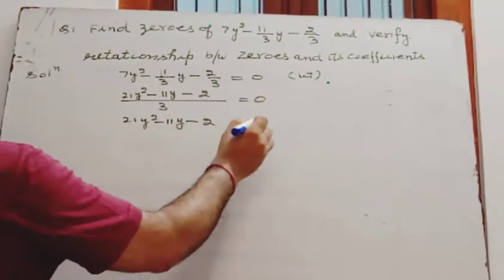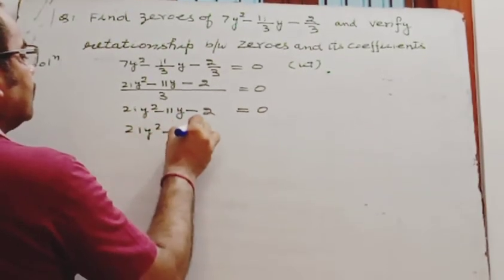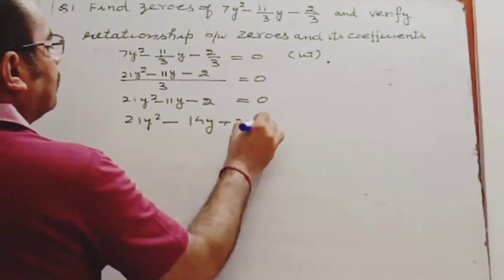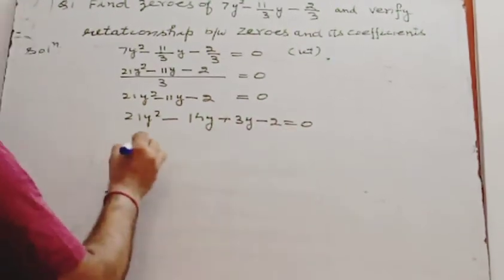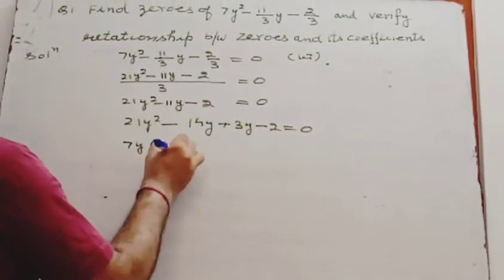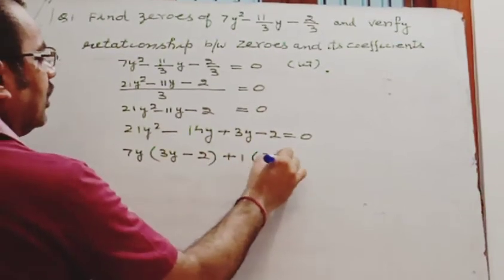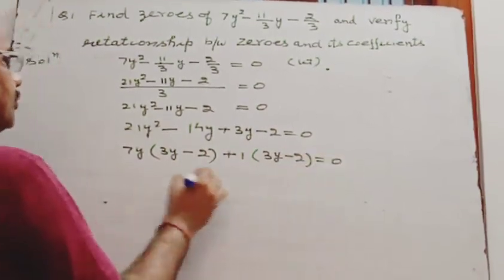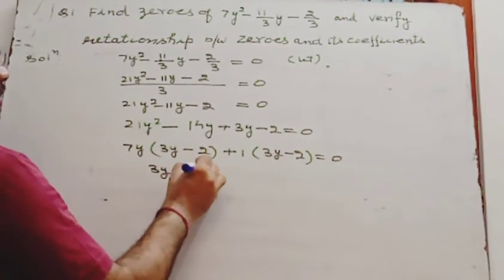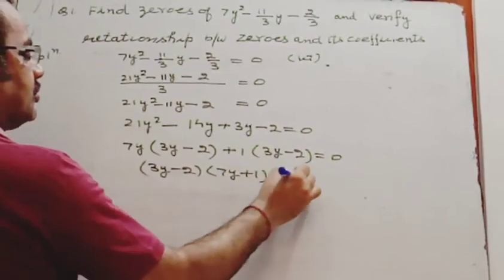Breaking into middle term, 21y² - 14y + 3y - 2 = 0. 7y is common here, and in the other part 1 is common: 7y(3y - 2) + 1(3y - 2) = 0. 3y - 2 is common in all, we get (3y - 2)(7y + 1) = 0.